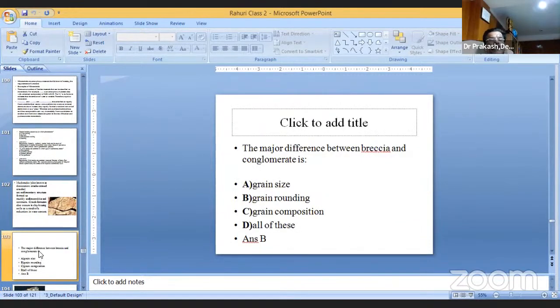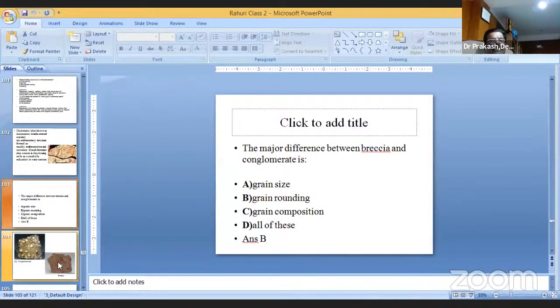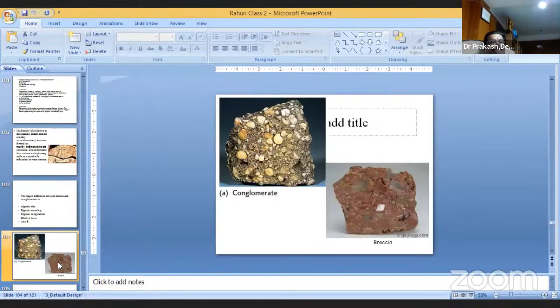The major difference between breccia and conglomerate is grain size, grain rounding. Grain rounding is the answer. I'll just show you the picture. You can see this. This is breccia. The mineral fragments and rock fragments, which are lithified or consolidated into sedimentary rock, are still irregular. Whereas here, the fragments are rounded, somewhat smoothened in case of conglomerate.